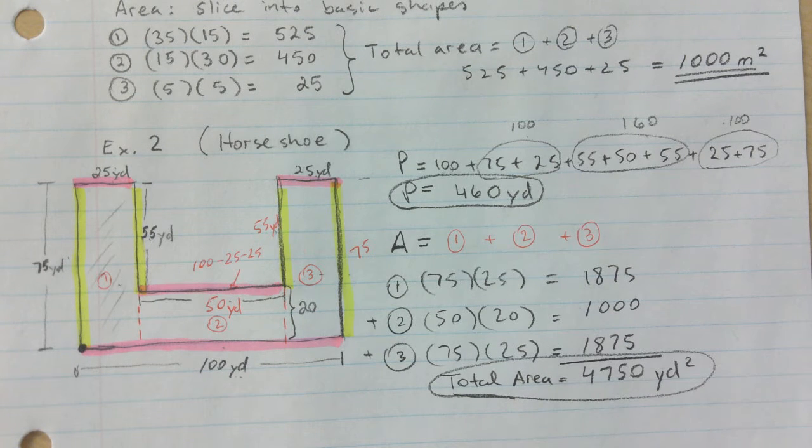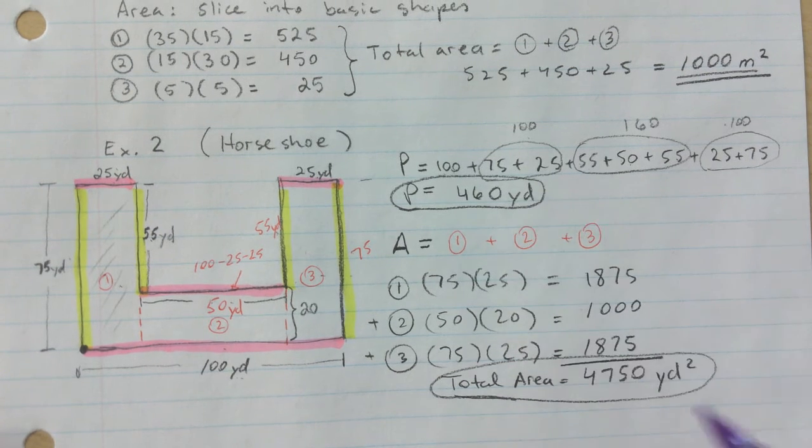So you gotta be creative. You gotta cut it and slice it into shapes that you recognize. So you want it into rectangles, into triangles, or circles. It's really up to you.